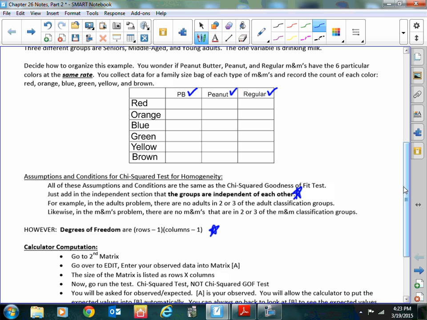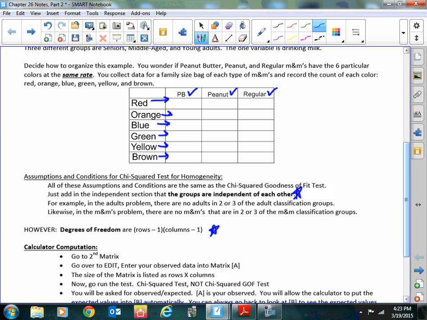So what we could do, had we not known their particular rates, is we could have a sample of those three kinds and test to see if the colors occur at the same rate amongst the bags.